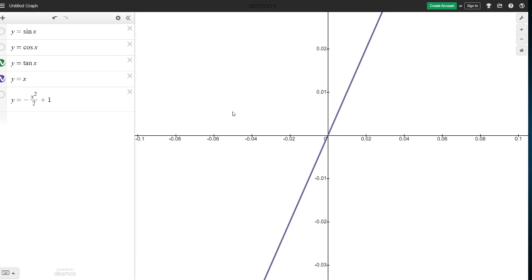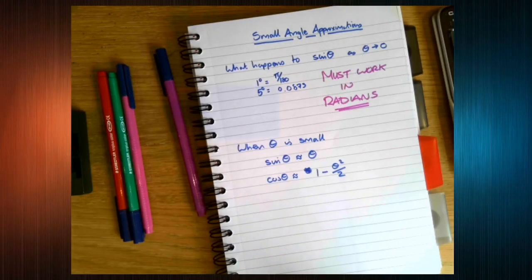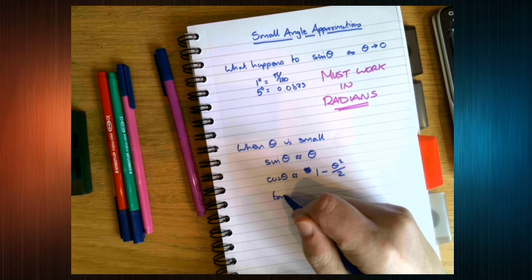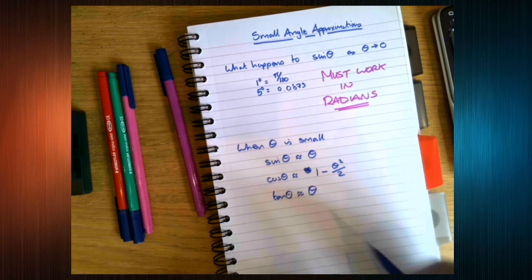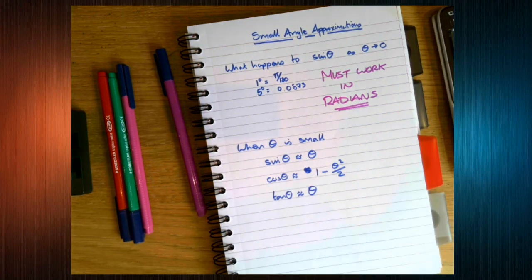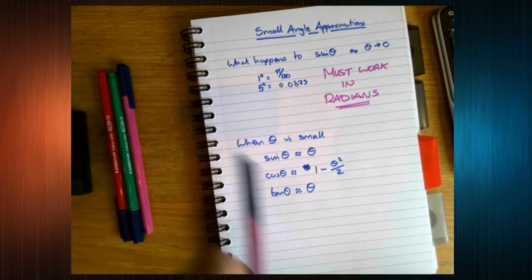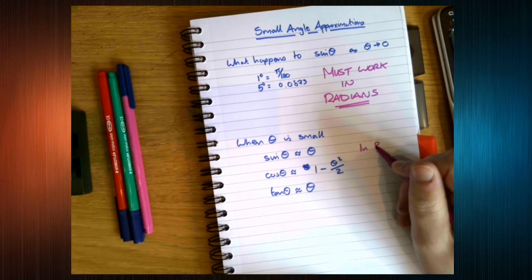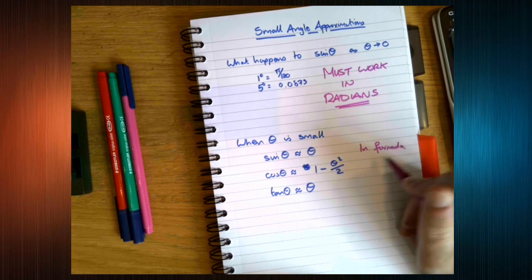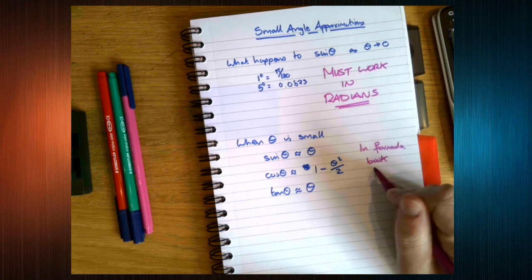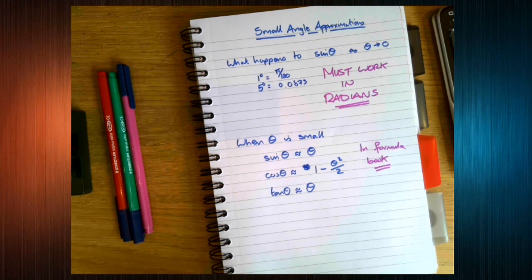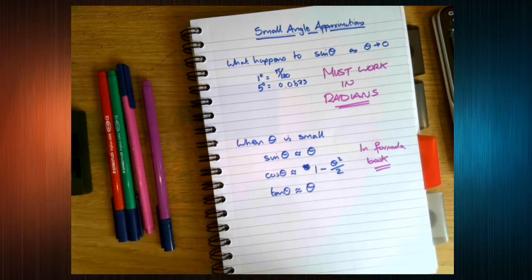So it looks like that when theta is small, tan theta is approximately theta. Okay? These are the 3 small angle approximations, and they are in the formula book. You do not need to learn them. What you do need to be able to do, however, is use them.